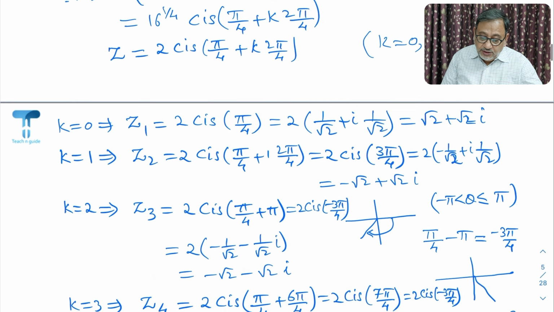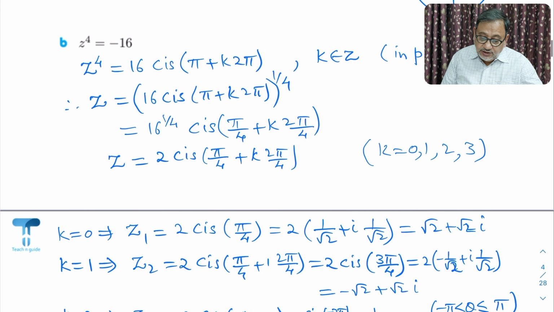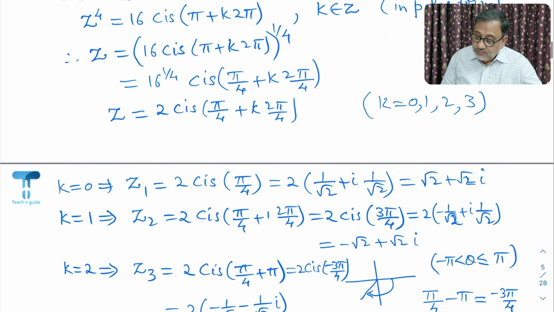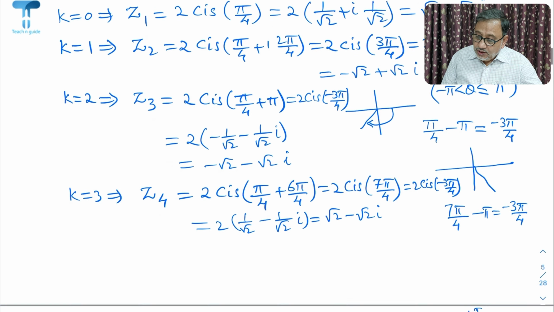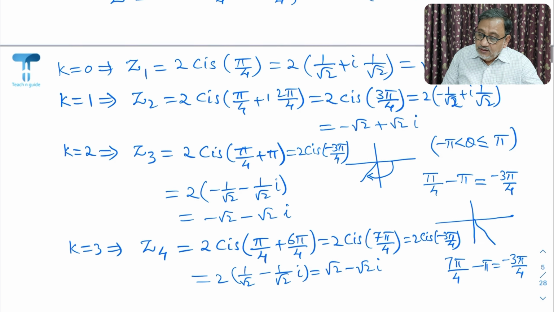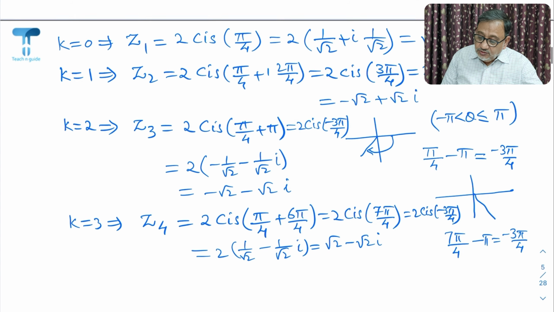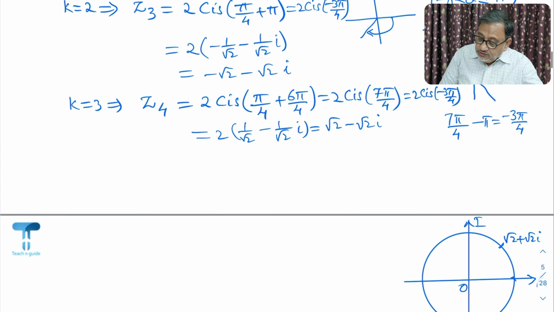So what are my answers? First one is root 2 plus root 2 i, which will be here. Then the second complex number is minus root 2 plus root 2 i, which will be here in the middle.